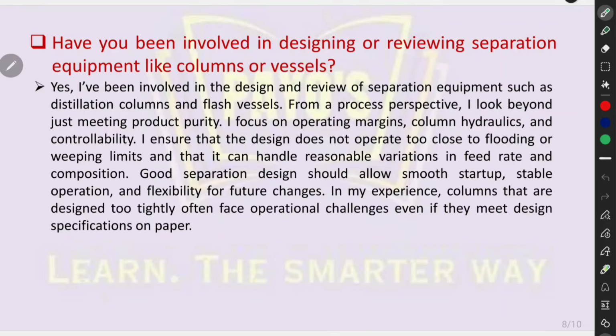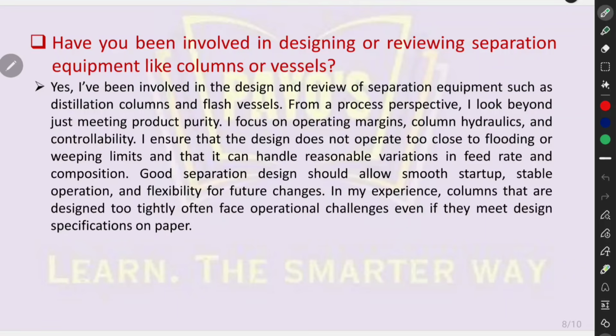Yes, I have been involved in the design and review of separation equipment such as distillation columns and flash vessels. From a process perspective, I look beyond just meeting product purity. I focus on operating margins, column hydraulics, and controllability.